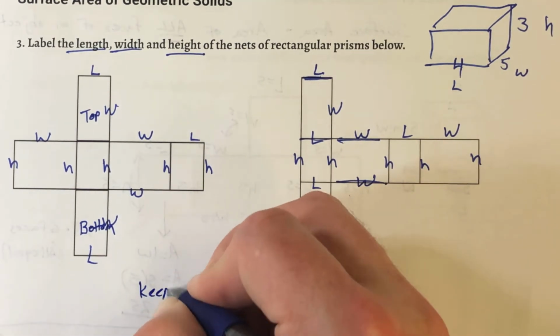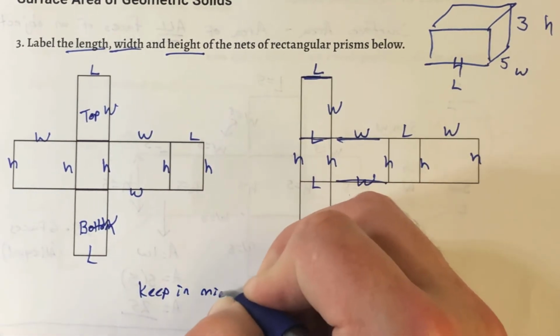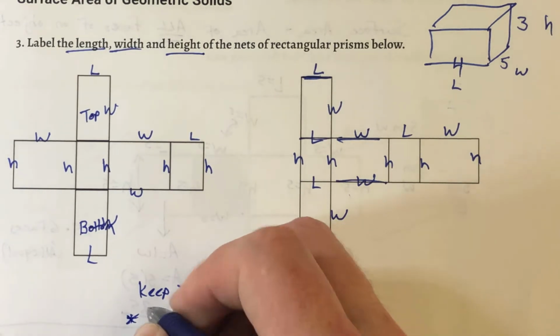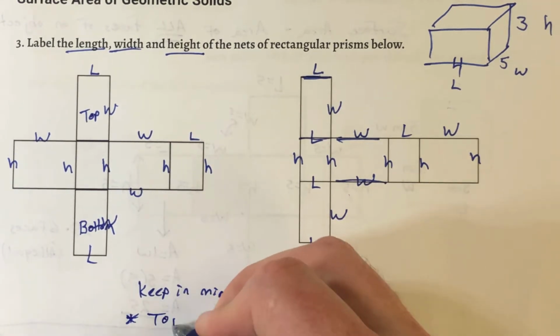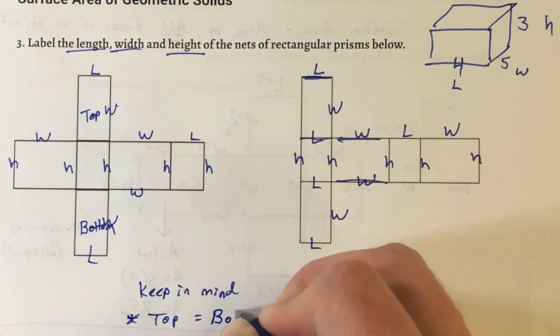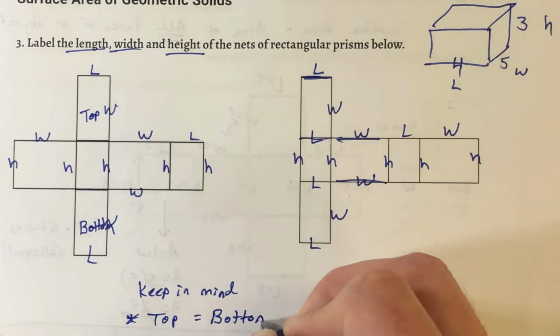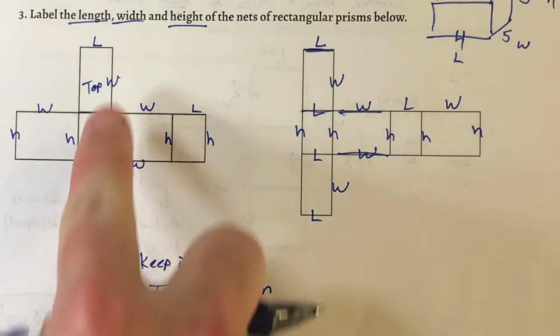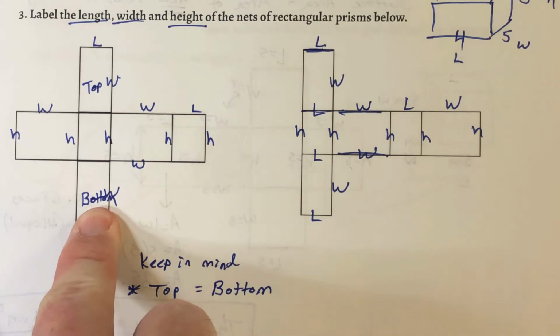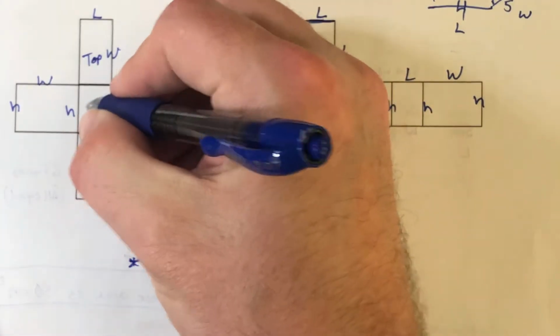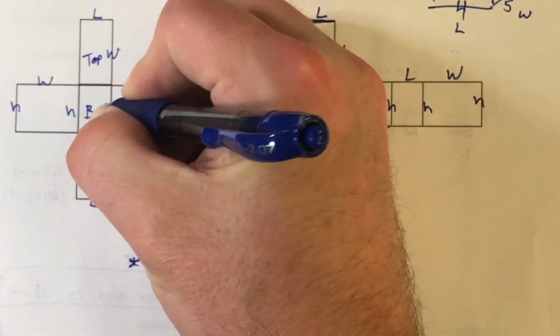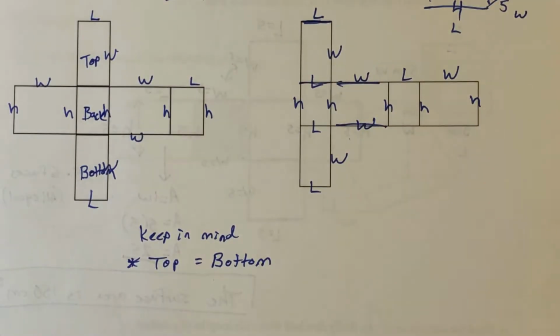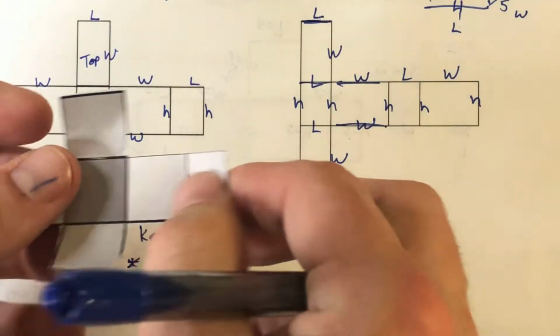So we're going to keep in mind that the top is going to equal the bottom. So you don't need to find the area of the top and bottom. Just find the area of one of them. The other one will be the same. Next, this is going to be the back side. So I'm going to pull out my cube again.